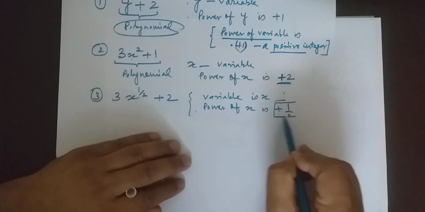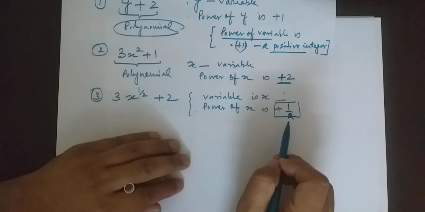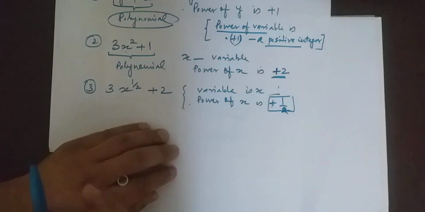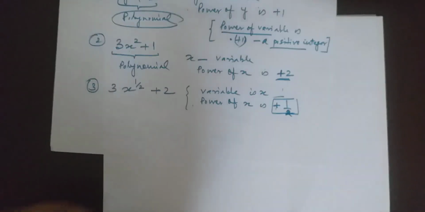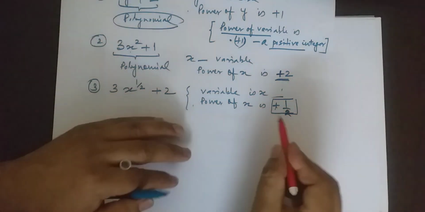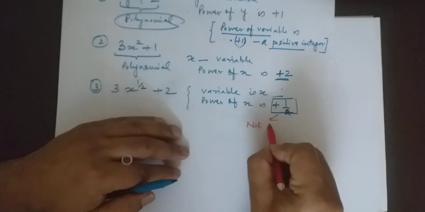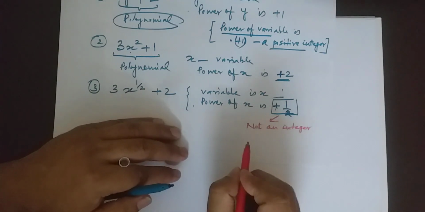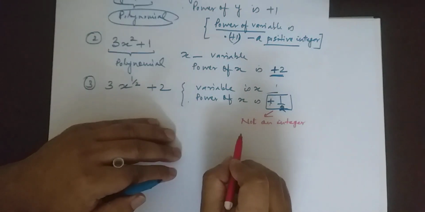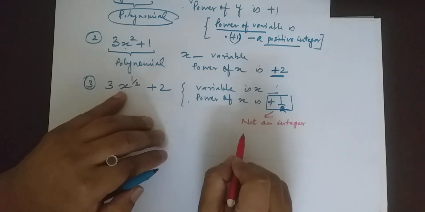Now look at this number, plus 1/2. Is this a positive integer? One thing, it has a positive sign, true, but what about this number 1/2? Is this an integer? No, this is not an integer. This is a rational number which will give rise to a decimal expression, and any power of this variable must not have any decimal format.